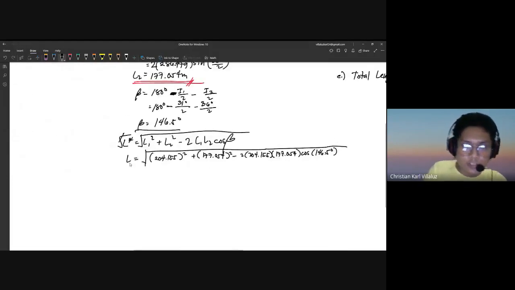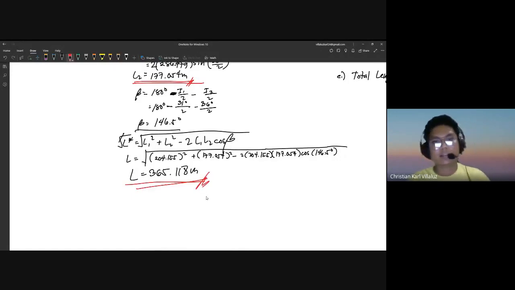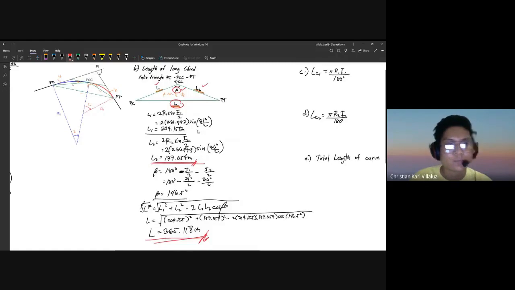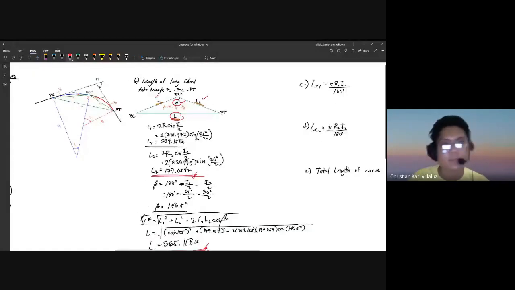Okay. Compute na yan sa calculator. Sagot ay 365.118 meters. So, yun na ang length of long chord. Okay? So, magfo-focus ka lang sa triangle PC, PCC, and PT.